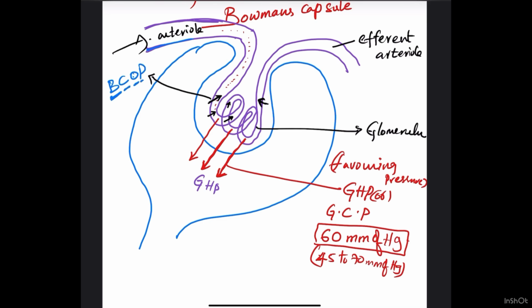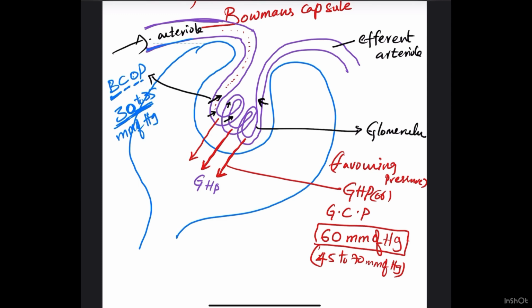How much is it? It is around 30, you can consider 30, or it can be seen as 30 to 35 mm of Hg, mercury.